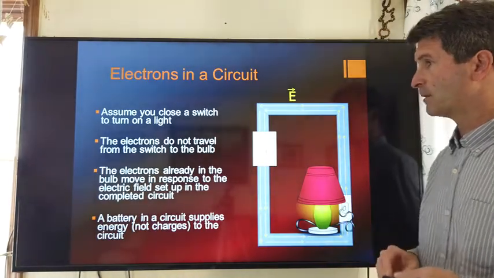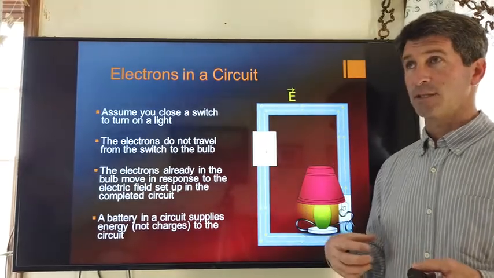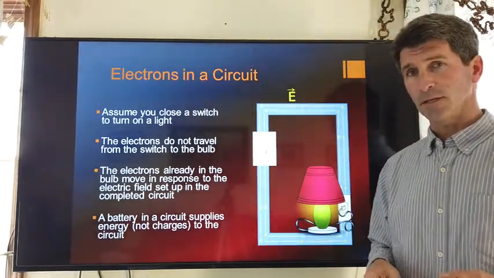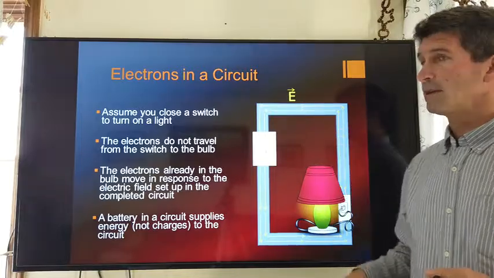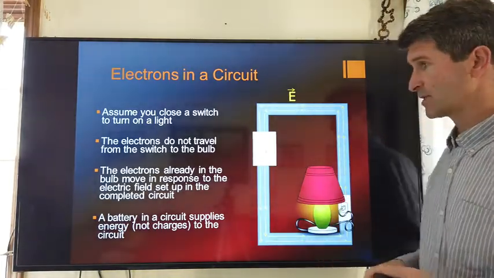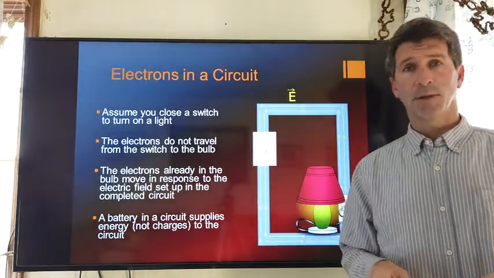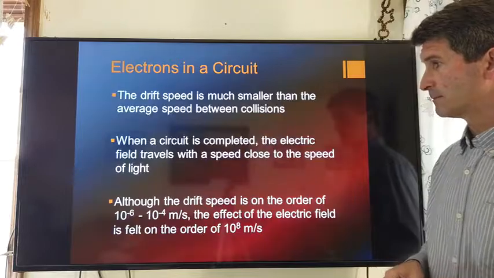So that's very, very important to understand: the actual drift velocity of the charge carriers can be very, very low, but the electric field moves at the speed of light. So when we send an electrical signal, when we send electricity, that is propagating pretty much at the speed of light within that wire.